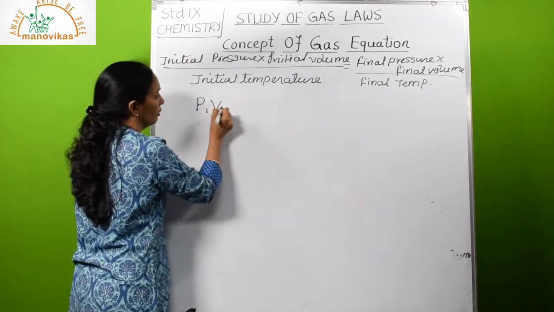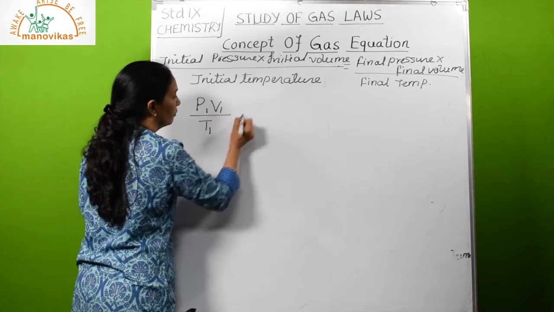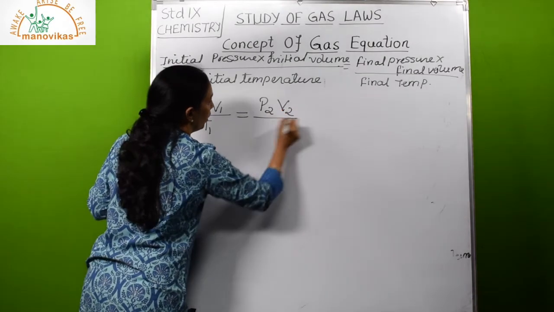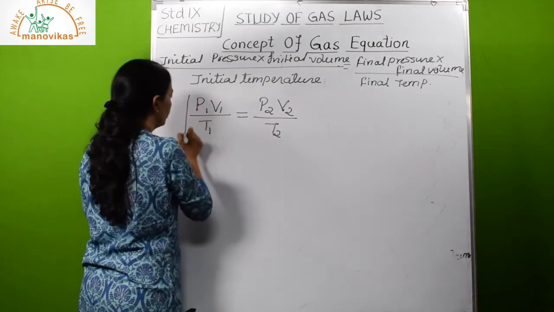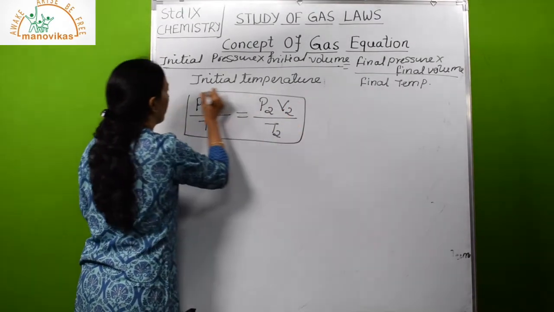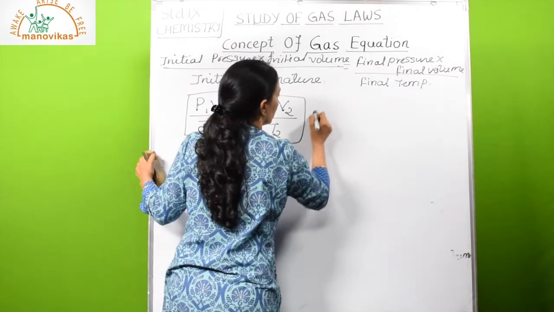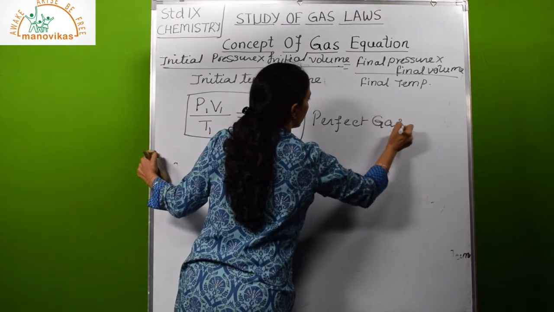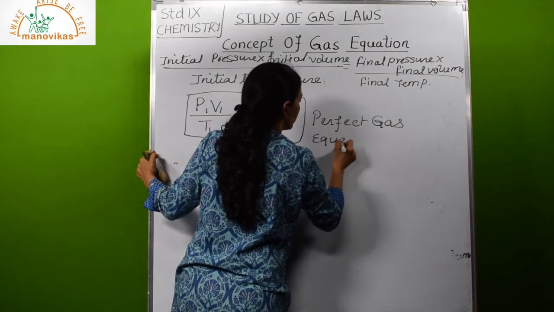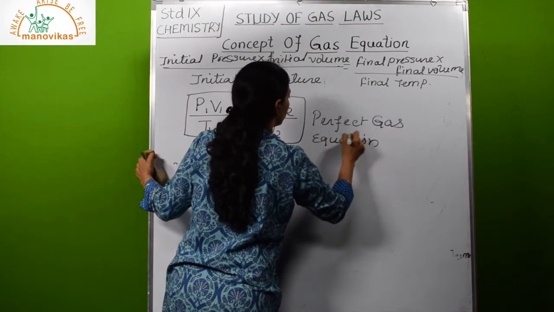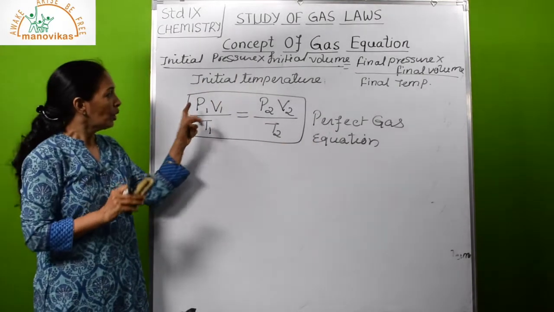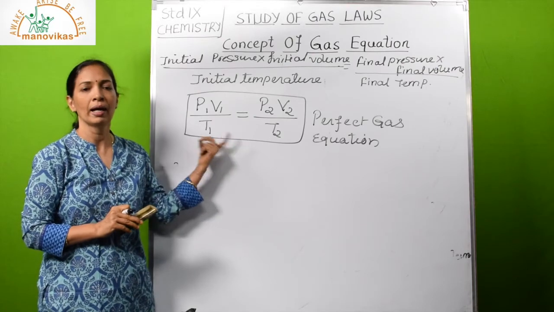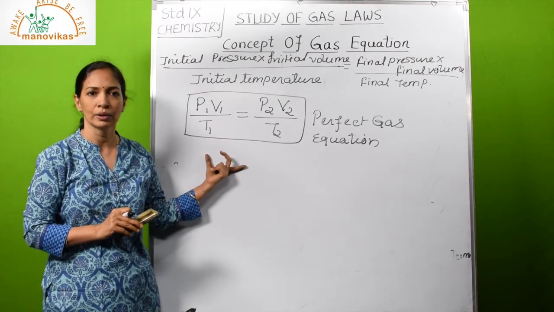P1 V1 upon T1 is equal to P2 V2 upon T2. This is the perfect gas equation. Okay, out of these 6, any 5 will be given and the 6th unknown can be calculated.